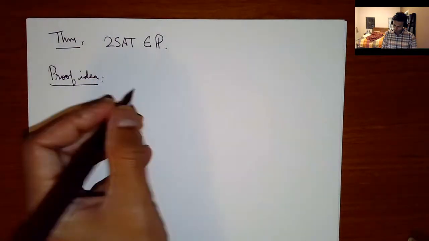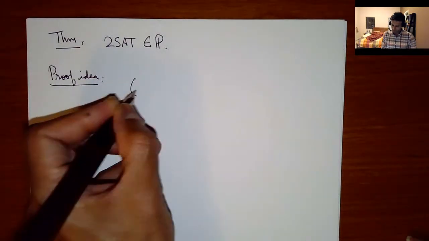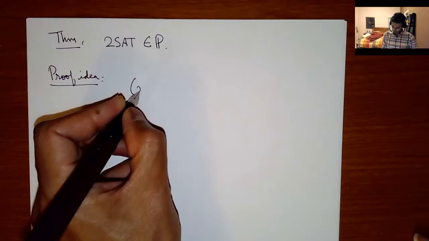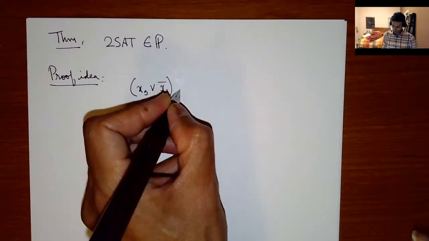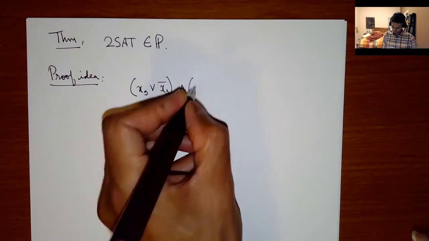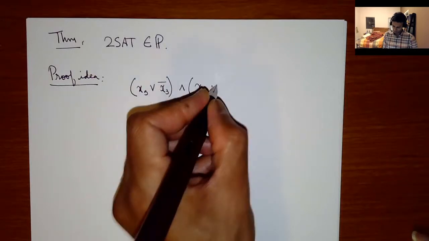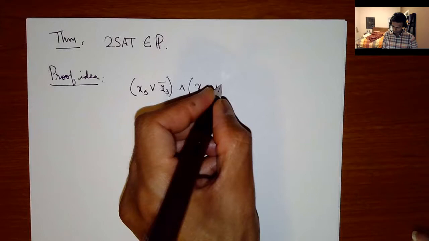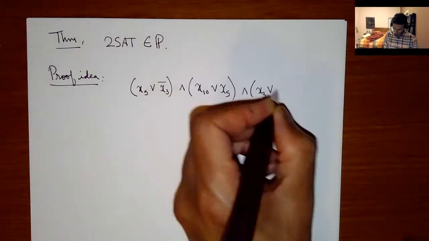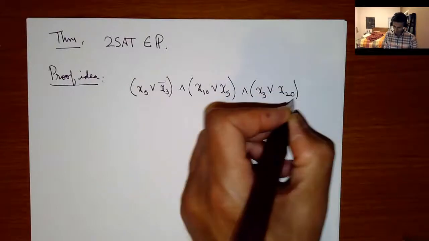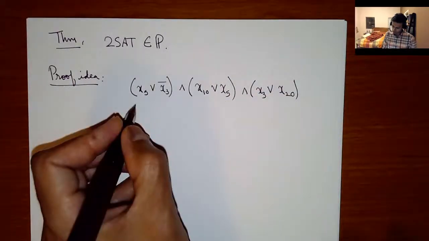So let's look at what a 2-sat instance looks like. You'll say like x5 or x3 bar, and x10 or x5, or x3 or x20, so on and so forth. So let's pick a clause.